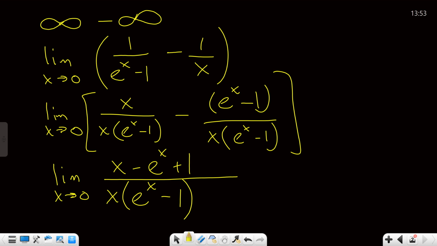Do not cancel those x's. Bad math. Plug in 0. It's negative 1 plus 1 is 0 on top. And the bottom is 0. Oh, yeah. Beautiful. L'Hopital's rule.